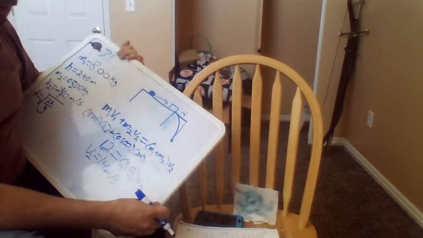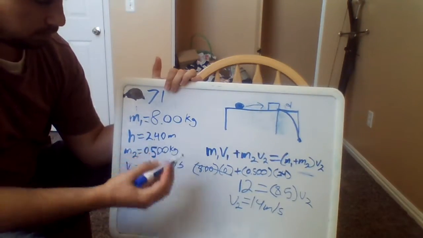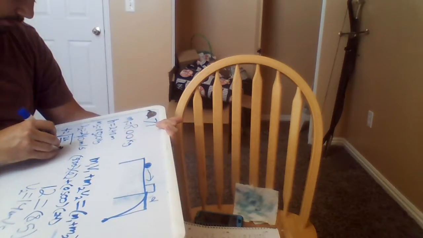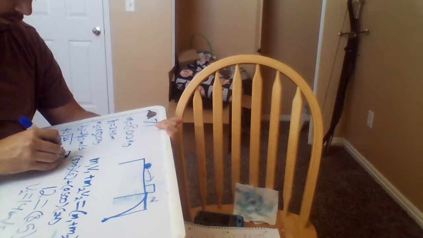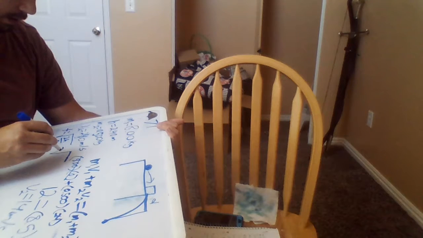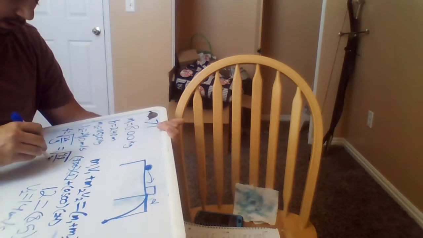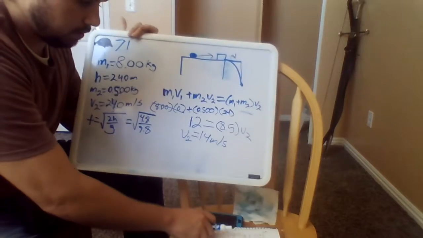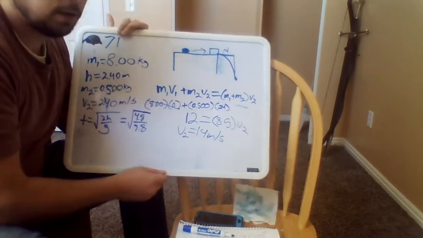And we know that the height is 2.4, so let's plug that in. We get the square root of 2 times the height, so 4.8 over 9.8. Let me make sure I do this right.